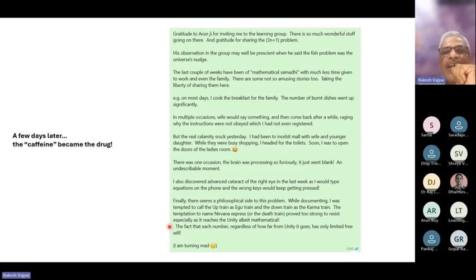There was a period when I was so gripped with this problem that it would run whether I am at home, whether I am at work, whether I am at some other place. My mind would be fully occupied with this particular problem. And there are a couple of instances. One is a number of burnt dishes during those periods, when I was cooking breakfast.